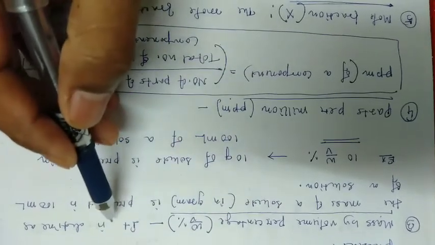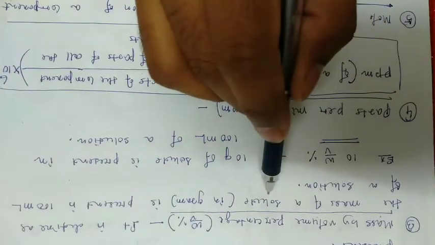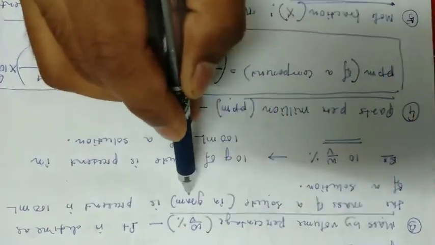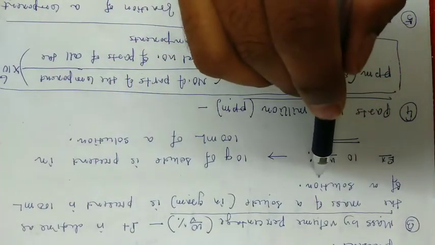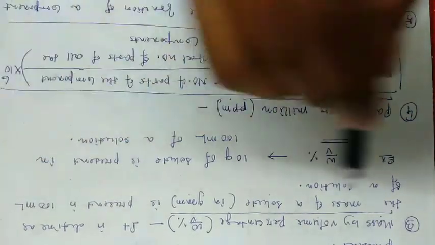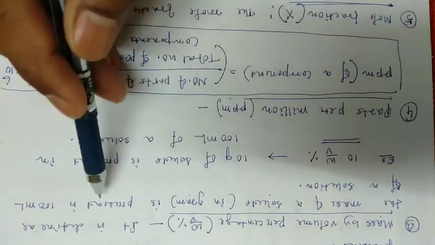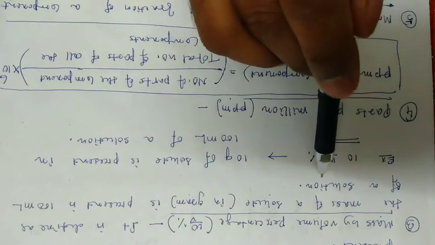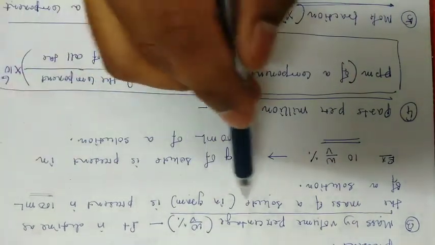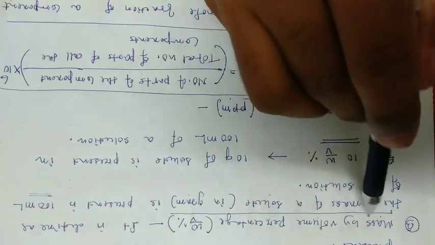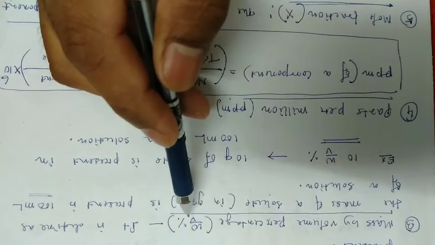It is defined as the mass of a solute in gram present in 100 milliliter of a solution. That means the number of grams of solute in 100 milliliter solution is known as the mass by volume percentage of a solution.